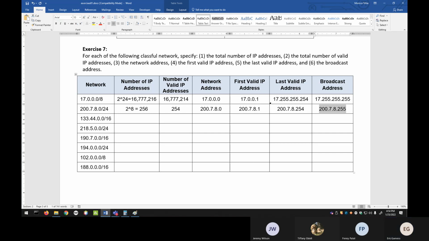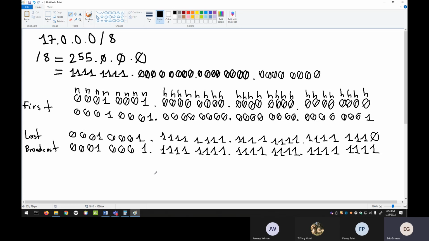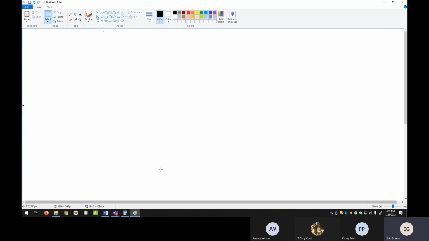Okay? So let me go to the binary notation, and we will see that we find the same thing. But we will try to avoid the binary notation because it takes too much time. So let me erase this exercise and start a brand new one.